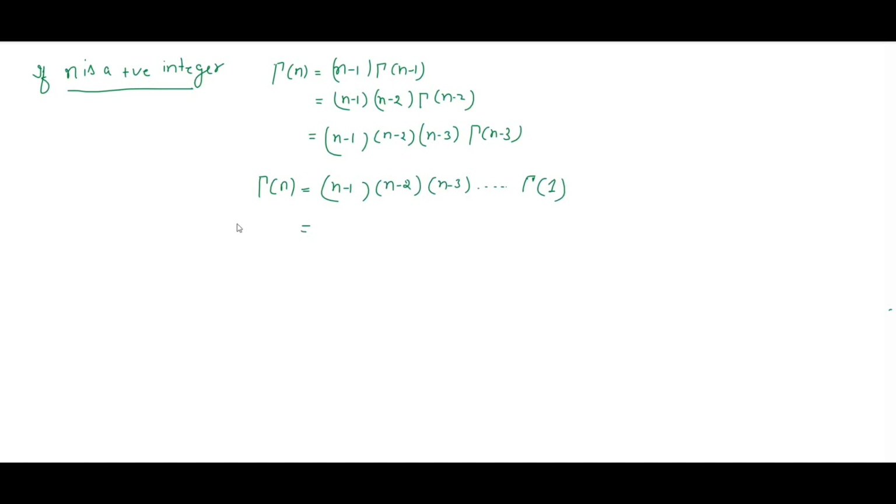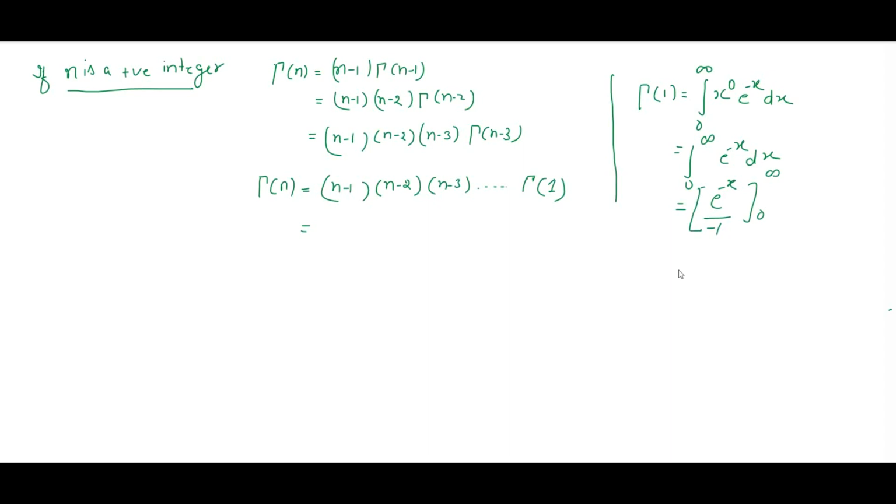Okay, and now we have to compute gamma 1. So by definition, gamma of 1 will be integral 0 to infinity x raised to power n minus 1, so n is 1 here, 1 minus 1 is 0, e raised to power minus x dx. So this integral is becoming very simple to compute. e raised to power minus x dx is equal to integrate it, e raised to power minus x over minus 1, 0 to infinity.